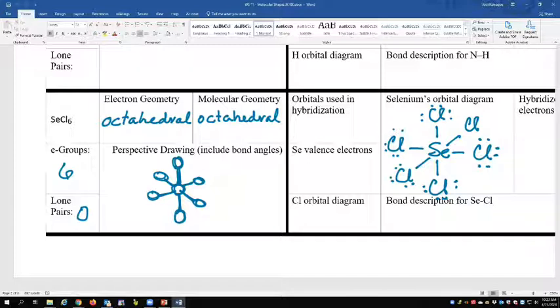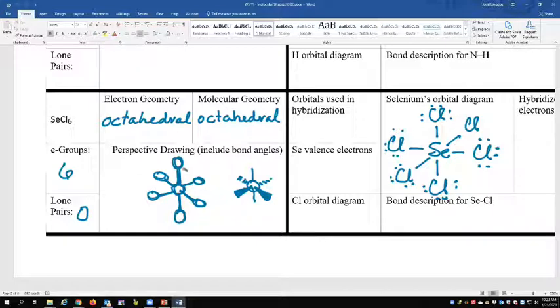Another way that we'll do this is we use wedges to show that it's jumping out at you, and hashed wedges that it's going behind, and straight lines to indicate that it's in the plane. So you can do it that way too if you want to. And then include bond angles. If you've got lone pairs, I just want you to adjust them by saying greater than or less than.